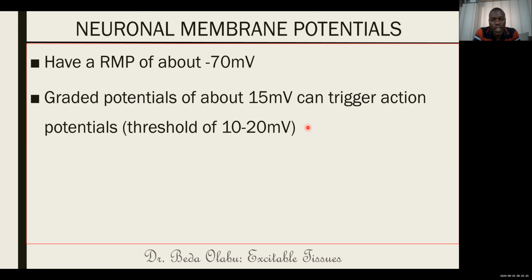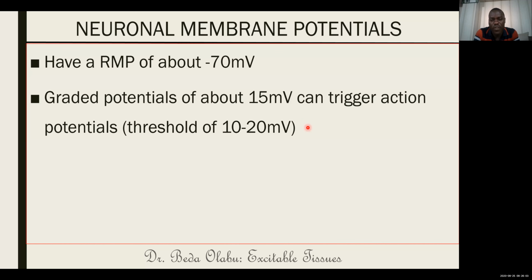If the resting membrane potential is at negative 70 and you have a graded potential that disturbs the membrane by about 20 millivolts, making the membrane potential move from negative 70 millivolts to negative 90 millivolts, you've moved with a difference of 20 millivolts. That particular graded potential will not generate an action potential. My question to you is why?